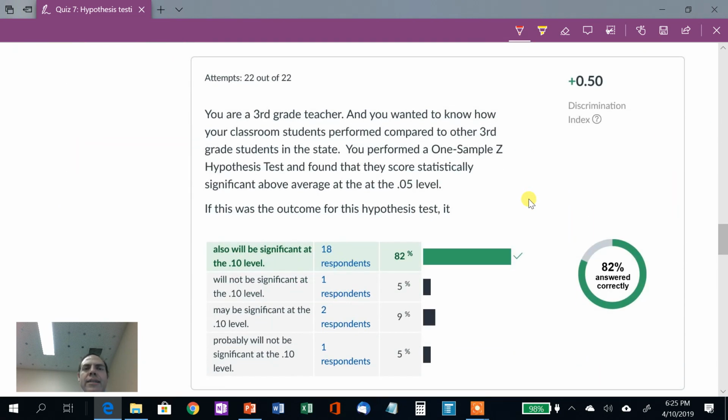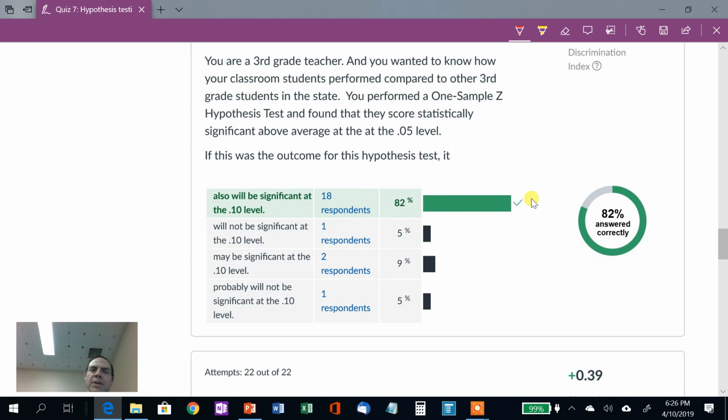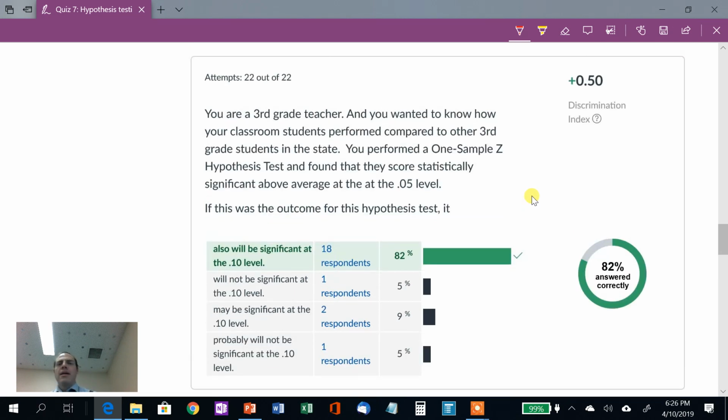You are a third grade teacher and you wanted to know how your classroom students perform compared to other third grade students in the state. You performed a one-sample z hypothesis test and found out that they score statistically significant above average at the 0.05 level. If this was the outcome for this hypothesis test, it will also be significant at the 0.1 level. Okay, so this is key, 0.05 level.